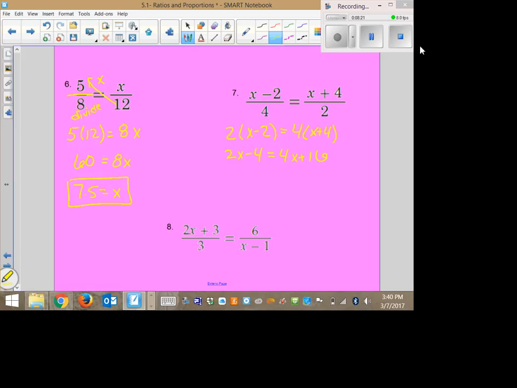Combining everything together, hang on here, we want to subtract our 16. So I'm going to add my 4 over and subtract, so I'm going to get negative 2x is going to equal 20, and then x is going to be negative 10.